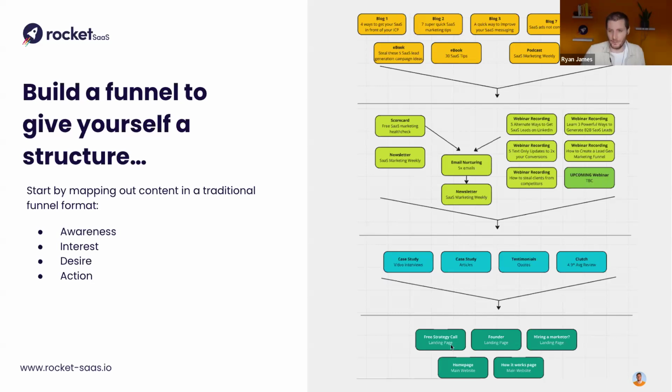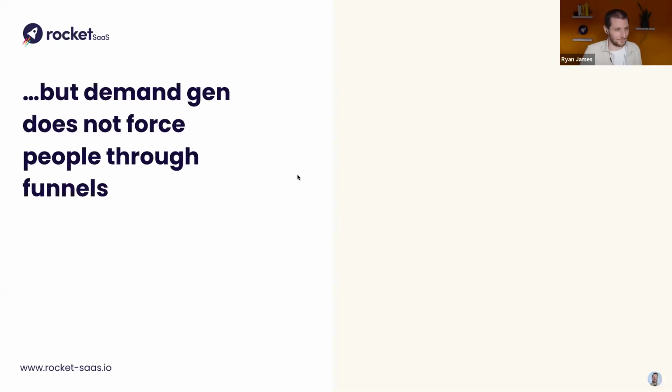Then you've got the bottom of the funnel, which is various different landing pages. So we mapped that all out in a funnel, and then we got to work on creating all of those bits of content. That really helped give us structure, which is where I recommend you start. Because if you start thinking about demand gen, it's a bit all over the place and it's quite hard to understand where you need to start. But if you start by creating it in a funnel, and then Jamie will explain what actually happens in reality.